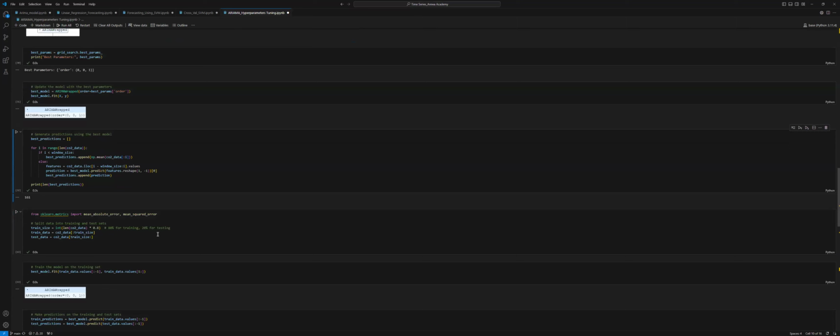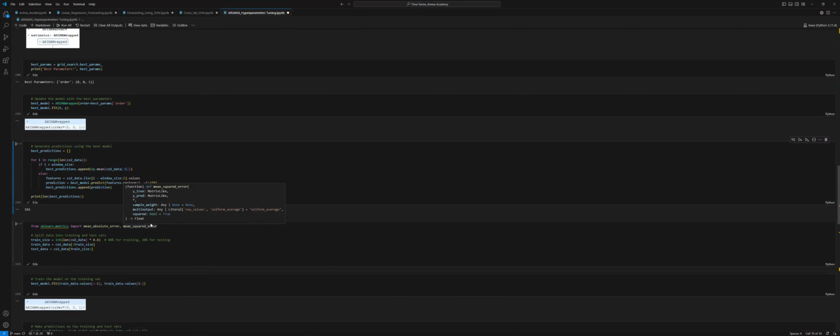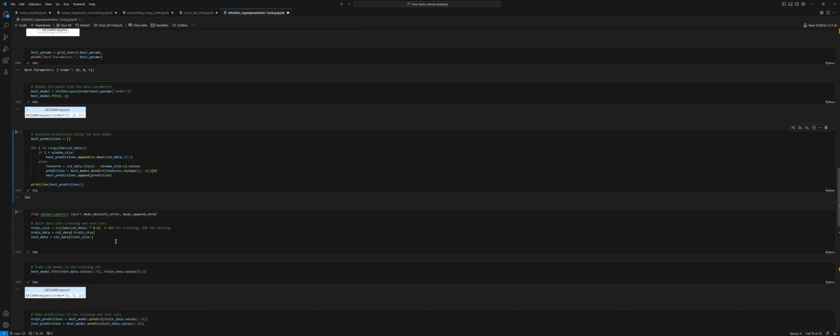So after we finish our hyperparameter tuning, now we need to split our data into training and test, and train it with the best hyperparameters that we got from GridSearchCV.